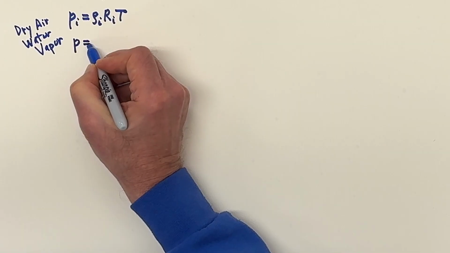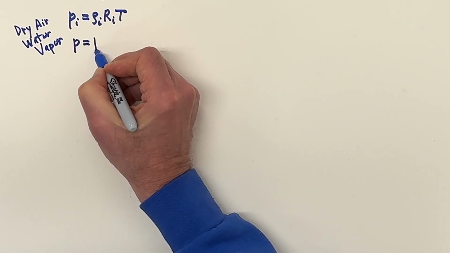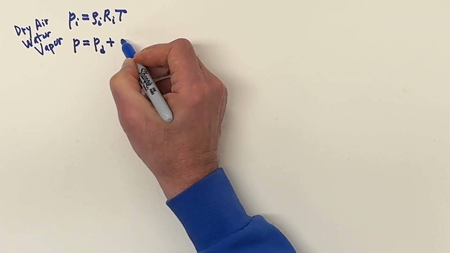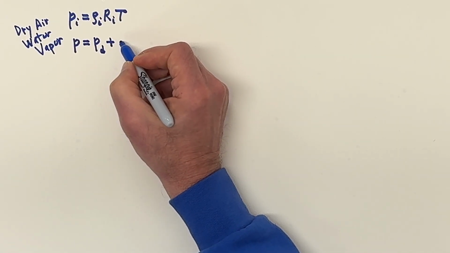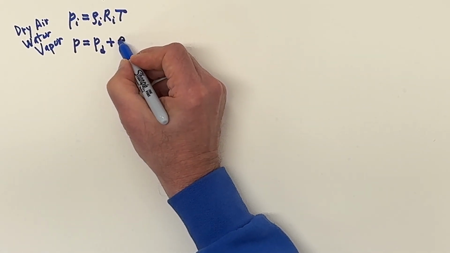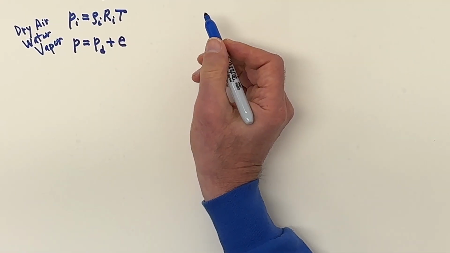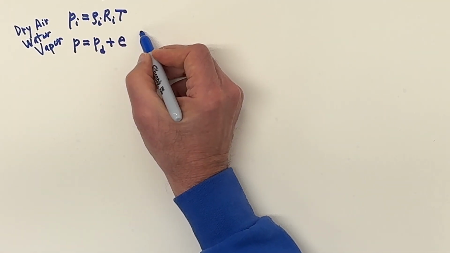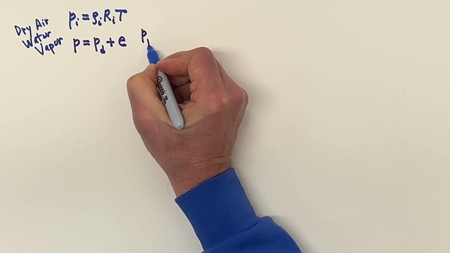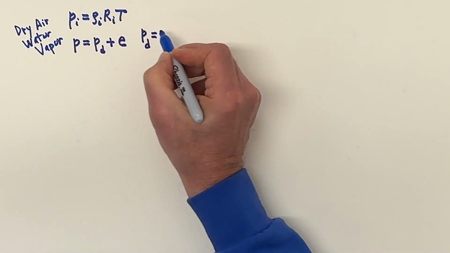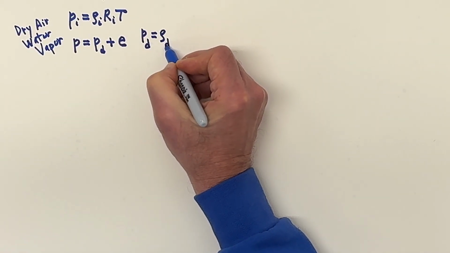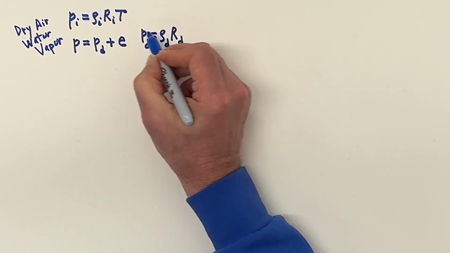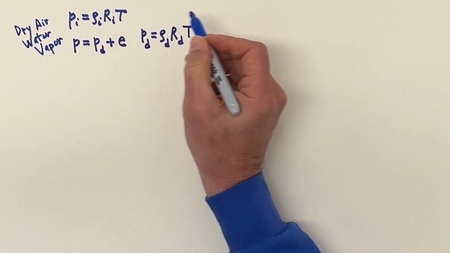So here the total pressure is the pressure of the dry air plus the pressure of the vapor, and we like to use E for vapor. Now let's use this equation here twice. The pressure for the dry air is equal to the density of the dry air times the gas constant for the dry air times the temperature.